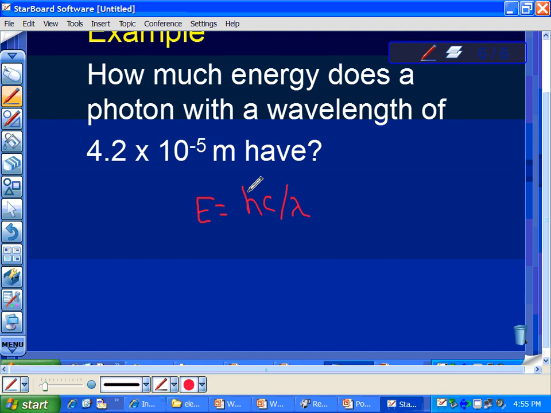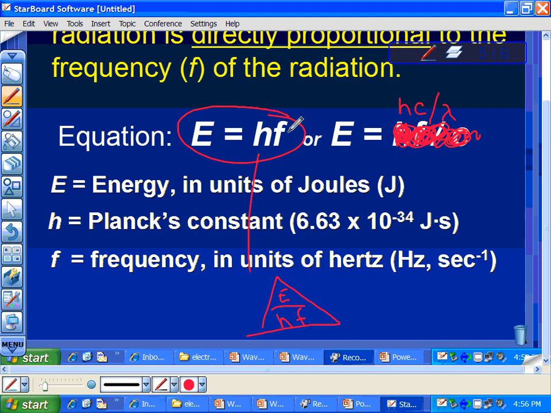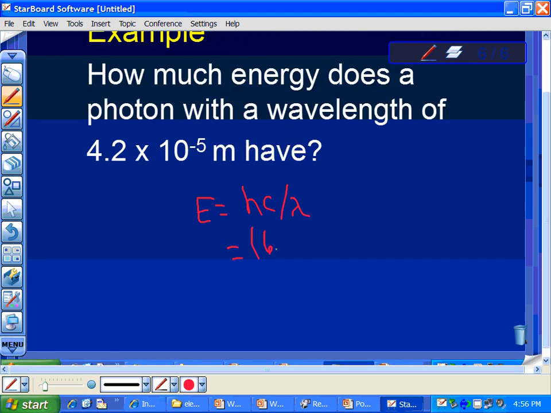h is a constant that would be given to you. c is a constant that would be given to you. So you're just going to be plugging numbers in. h stands for Planck's constant, which, let's see, 6.63 times 10 to the negative 34th. You can see I don't even have it memorized. 6.63 times 10 to the negative 34th.